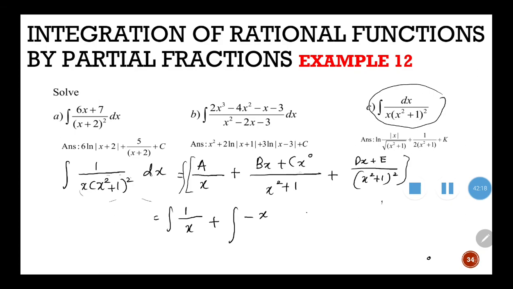C is 0, so leave it at that, over x squared plus 1. Don't forget dx here. And what is D? D is minus 1, so minus again, minus 1 minus x. E is 0, over x squared plus 1 squared.